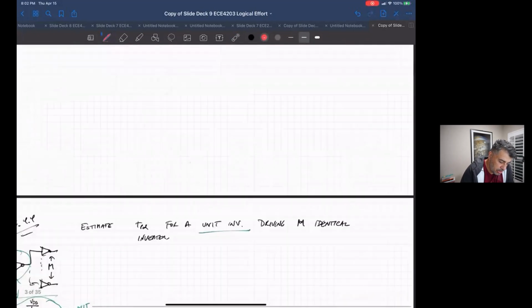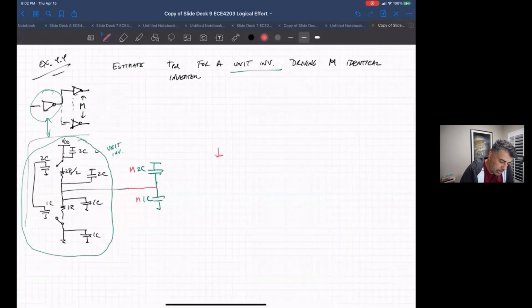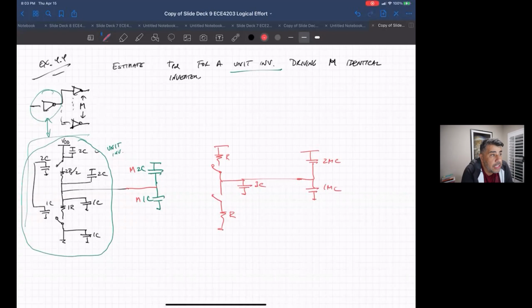Depending on whether it's a pull up or a pull down, we had R, and there's like 3C in total, and R for the end. And then we're driving 2MC and 1MC. We pick either a pull up or pull down.